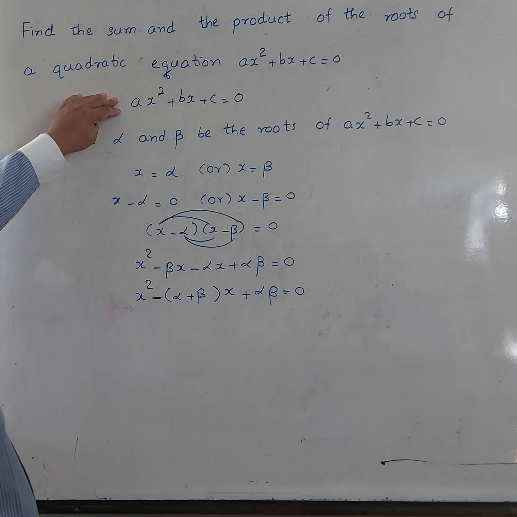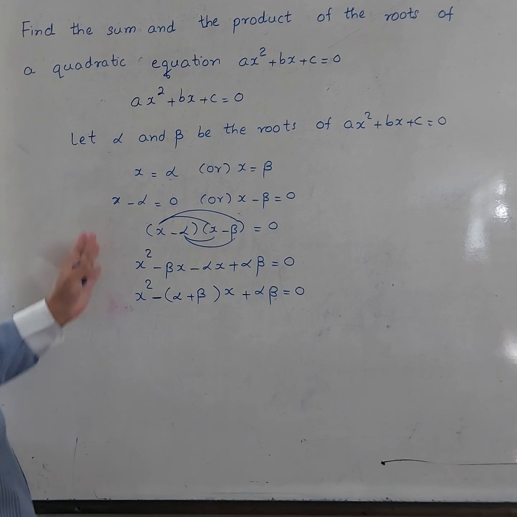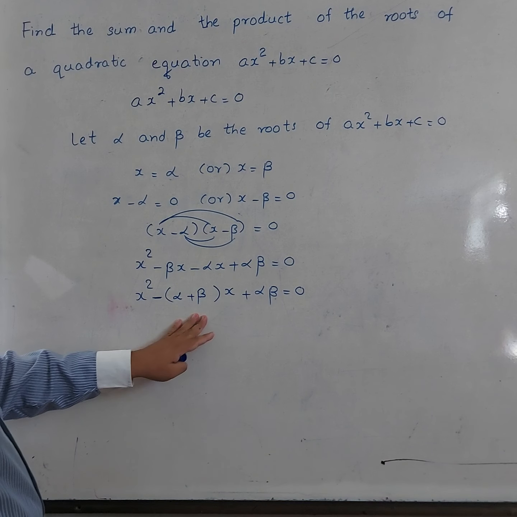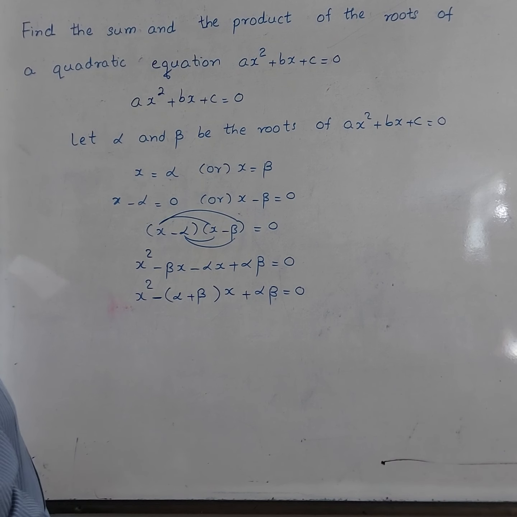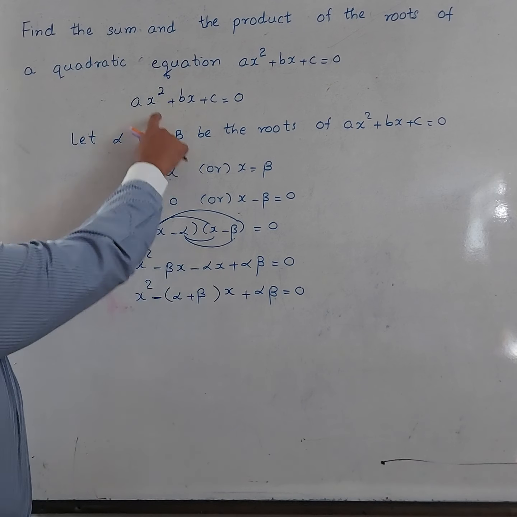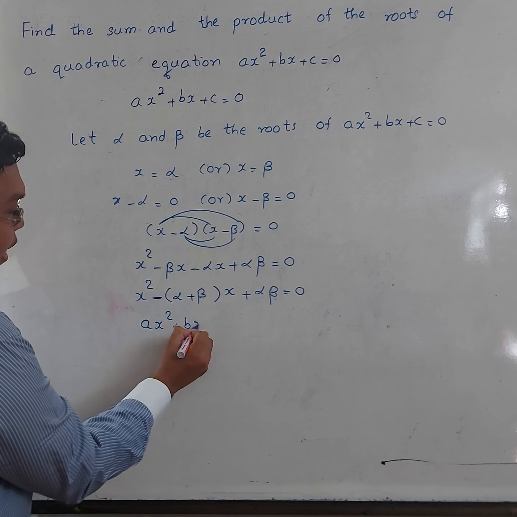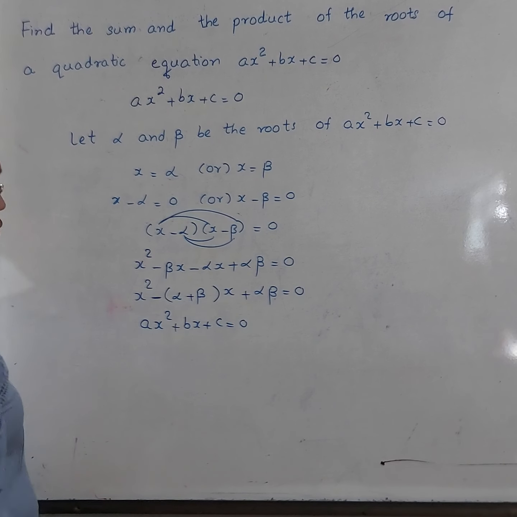The original equation is ax squared plus bx plus c equal to 0. The equation we get by the roots is x squared minus alpha plus beta x plus alpha beta equal to 0. So let's look at the original equation, ax squared plus bx plus c equal to 0.